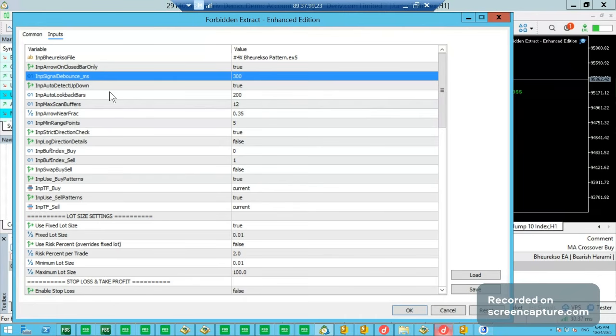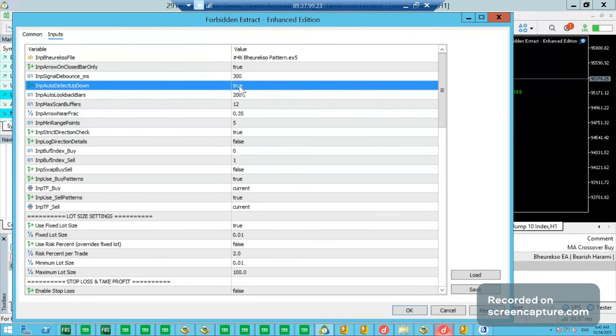So another one is input auto detection, or input auto detect up or down. This will automatically determine which arrow means buy or sell. The reason for this is one of those indicators inside that Baroxo pattern, the way it was coded, does not really follow the pattern.